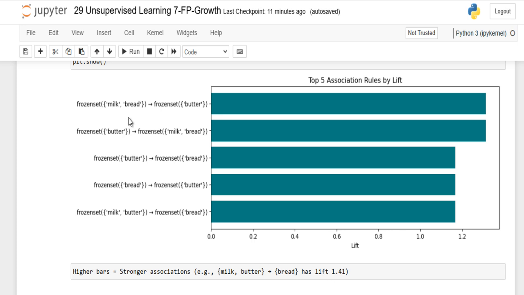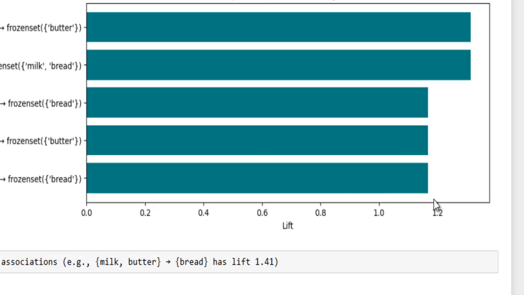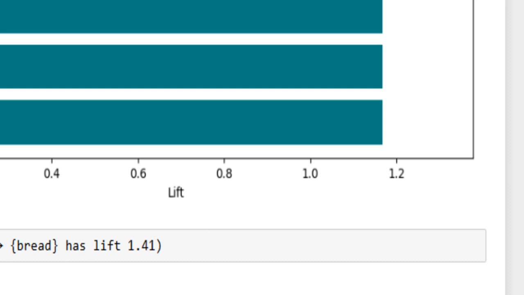Then here we have 1.2, and bread, butter, milk. So this is your milk, butter, bread.